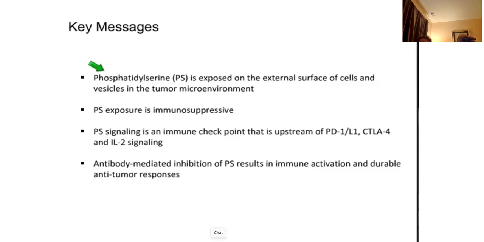Normally, you want to eat those aged cells without causing too much inflammation. And in doing that, your macrophages will turn into M2. They will eat those aged cells, but in the form of M2 and MREG, which means they will not induce the cytotoxic T cell, which is good.